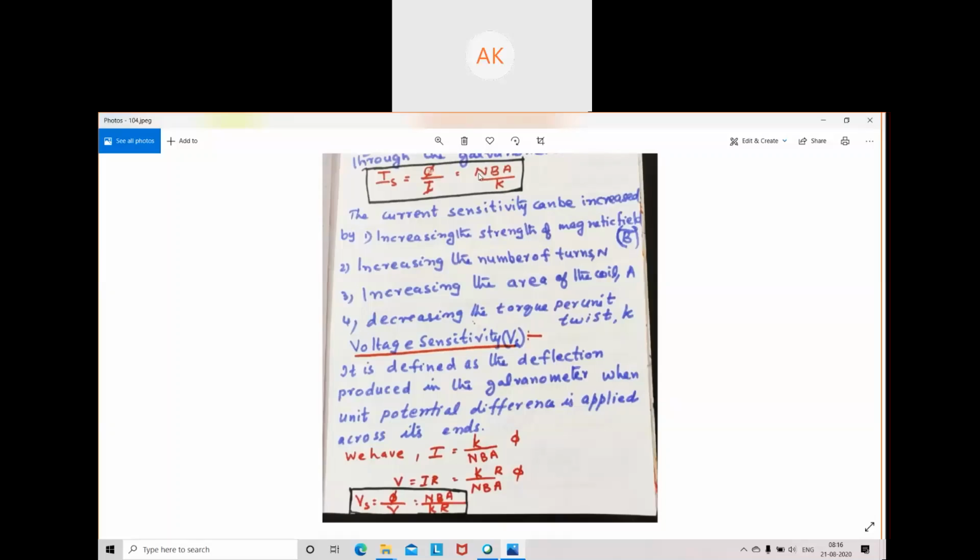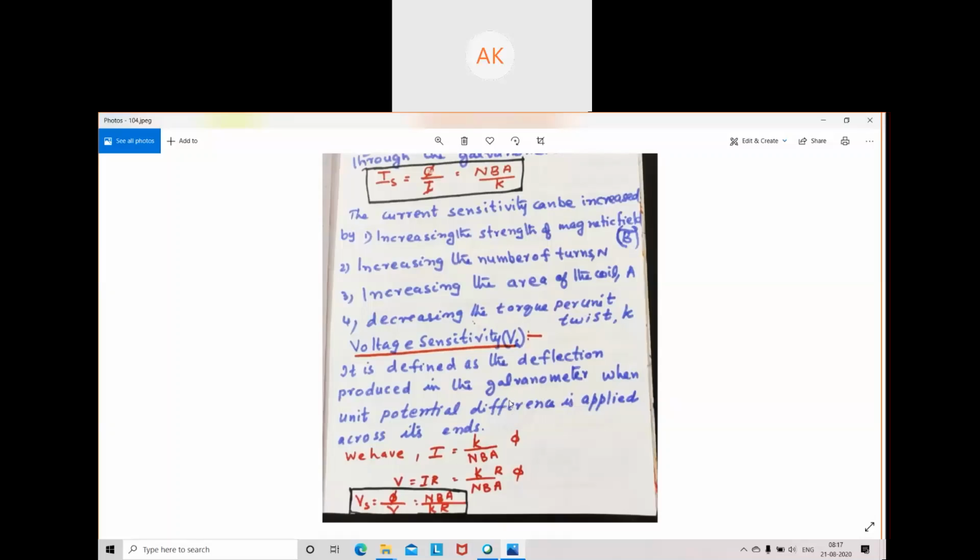But the only things practically possible are increasing the value of B and decreasing the value of K. When you list the factors, you can tell all of them, but there are certain limitations in increasing the number of turns and the area of the coil.